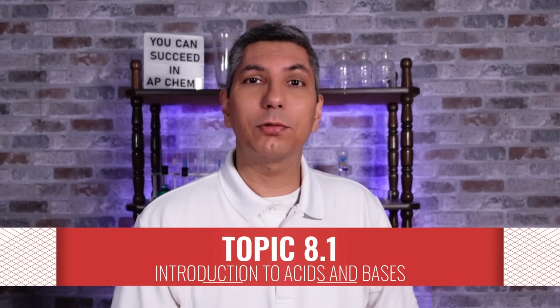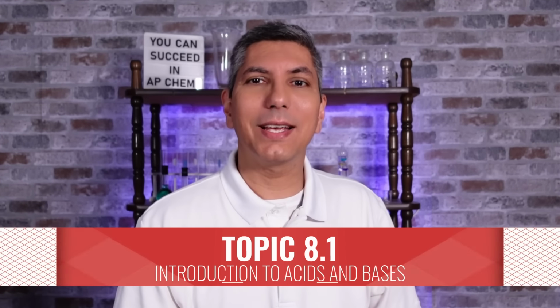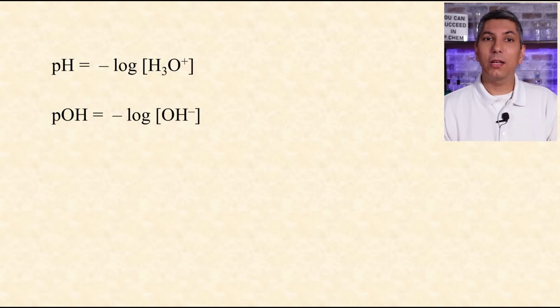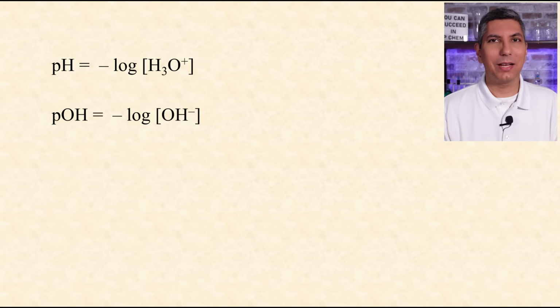Now, let's get started. We use pH and pOH to discuss concentrations of hydronium and hydroxide ions in solution. pH equals negative log of the hydronium ion concentration, and pOH equals negative log of the hydroxide ion concentration. Just so you know, we often use H+ and hydronium interchangeably.